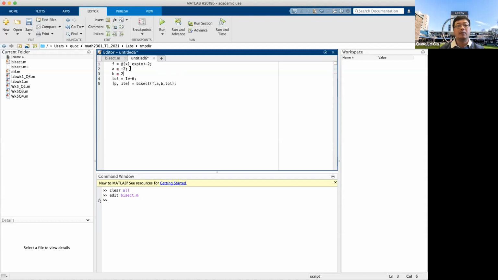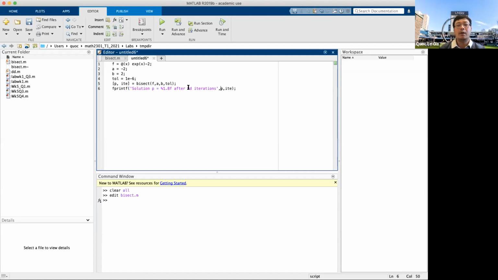So we run it, and suppose we found a solution, we print out the solution here. Solution P equal, say, a floating point, after iteration, and we put in P and iteration.